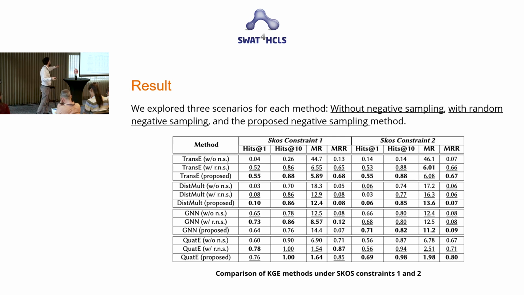We use TransE, DistMult, even a graph neural network, and some fancy method, QuatE. Basically, this proposed negative sampling didn't work if you don't know exactly whether the triples that you put in the test are correct or incorrect.